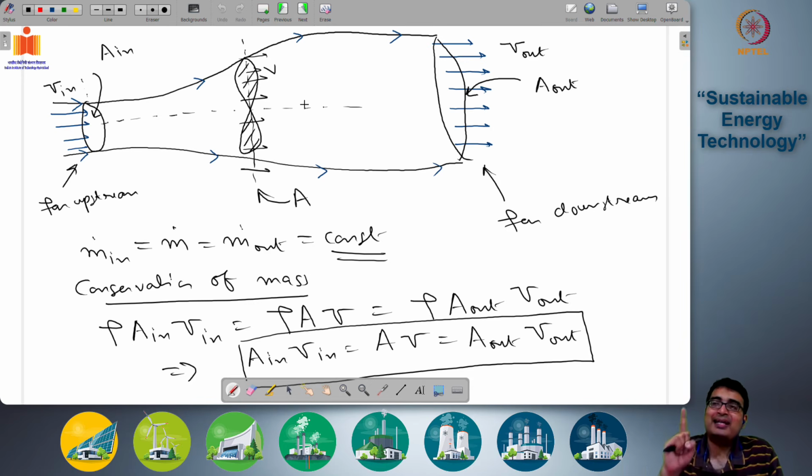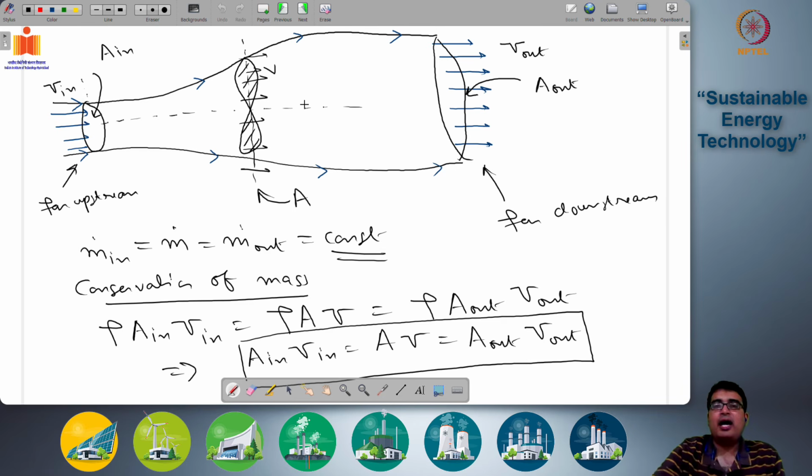Remember, this is exactly what happened for your Pelton turbine, water turbine case. Your V in was in this direction and your V out went this way with respect to your Pelton turbine blades. That can happen for that specific type of water turbine case.